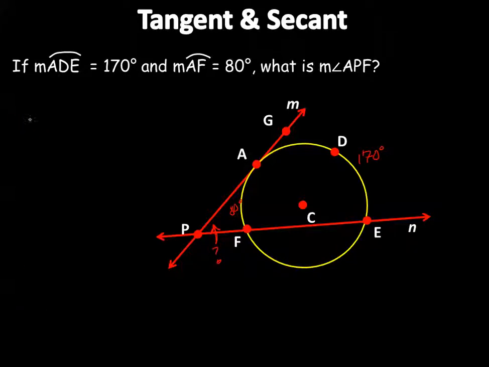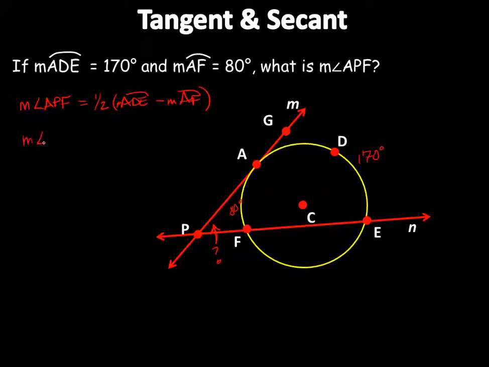So this one isn't going to be one of those multi-step problems. Thank goodness. To find the measure of angle APF, we're going to take half the measure of arc ADE, oh, forgot my little m, minus the measure of arc AF.